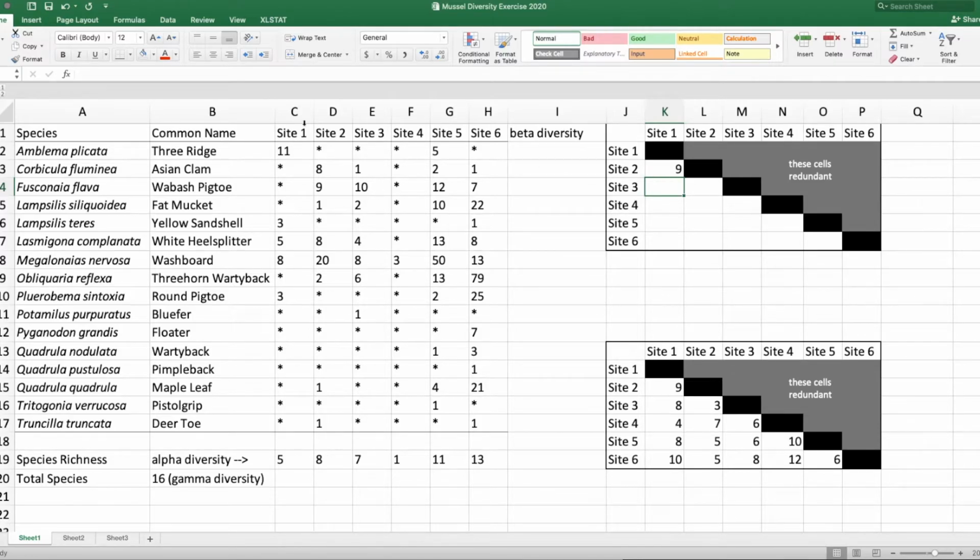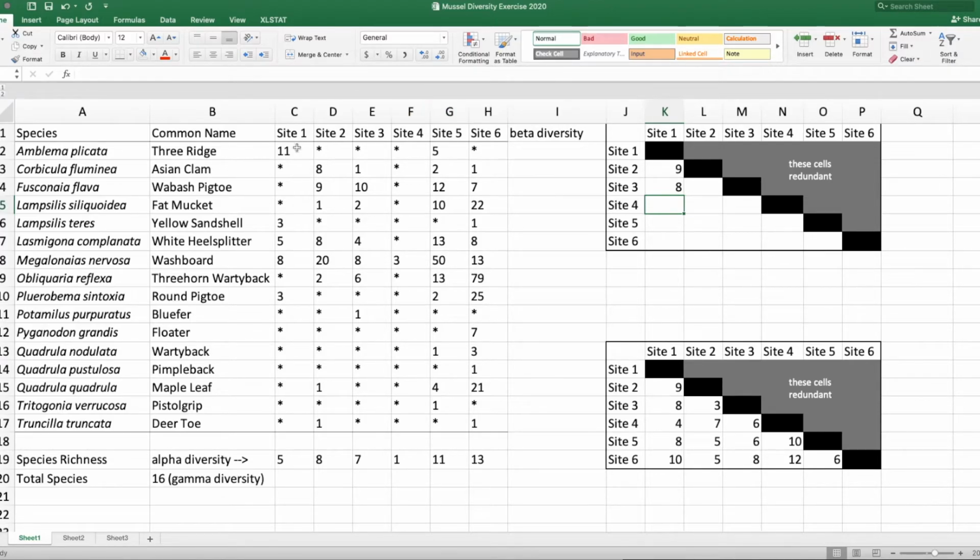If we do a comparison of site 1 to site 3, we get 1, 2, 3, 4, 5, not these, 6, 7, 8. And no more here, and no more in site 1. So there we go. There's 8 as our beta diversity for comparing site 1 to site 3.